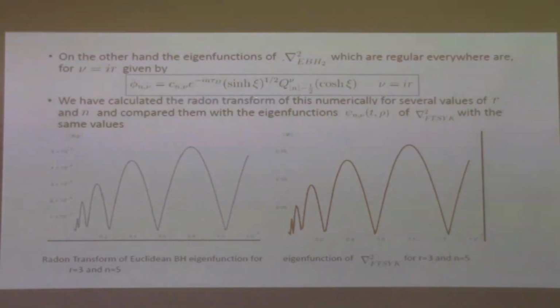We couldn't do those integrals analytically, but they can be done numerically, and this is a comparison of the two results. On the left side, we have the Radon transform of these Euclidean eigenfunctions, and the right hand side are the eigenfunctions of this, for some values of the parameters which are involved. We have checked it for many values of the parameters, and we're pretty convinced that they are in fact the same. So the thing also works for finite temperature.